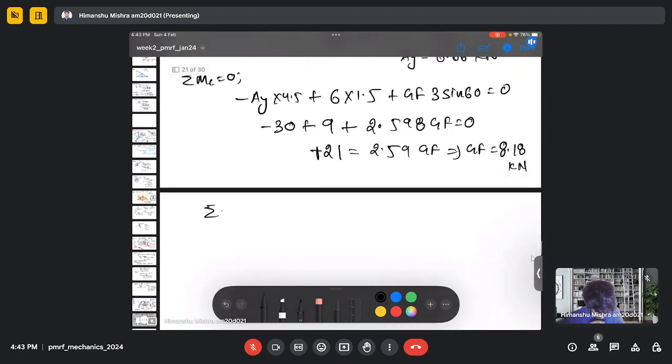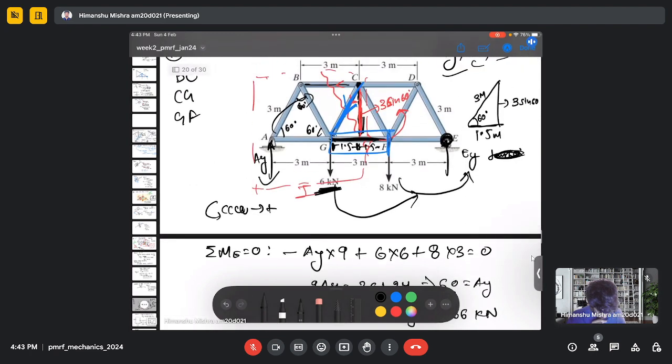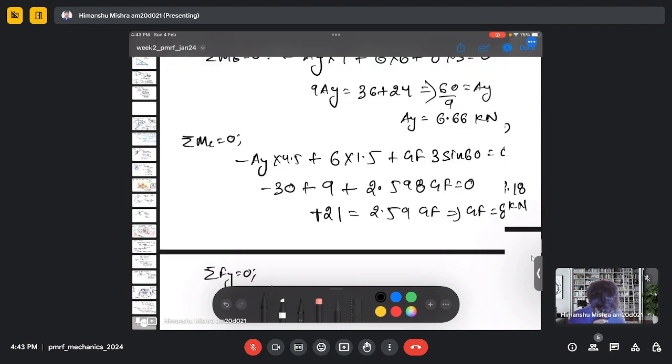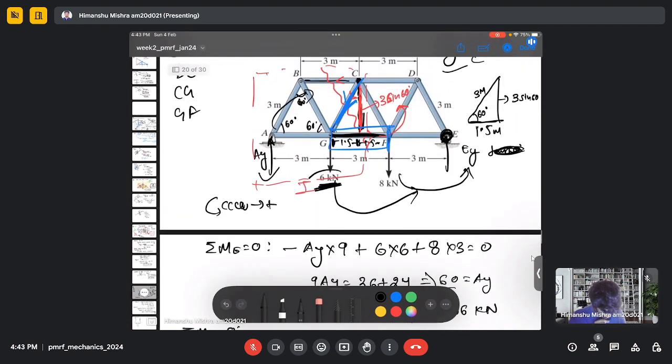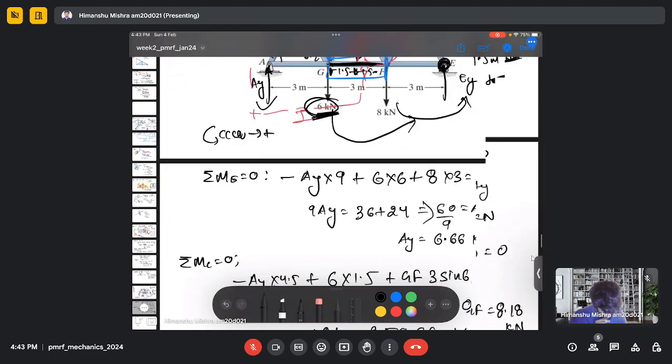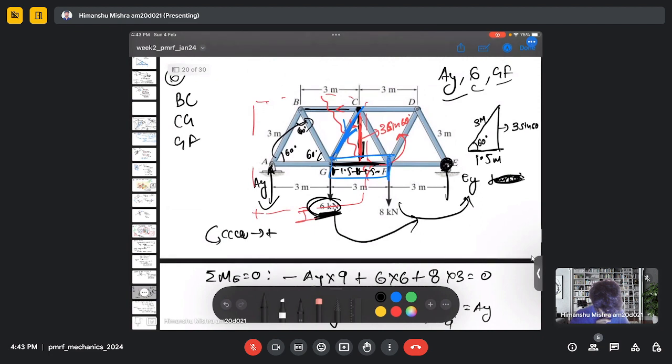So when we do the summation of force in the y direction, I will have a force AY minus this 6 kilonewton minus the component of this force, which is GC sine 60.